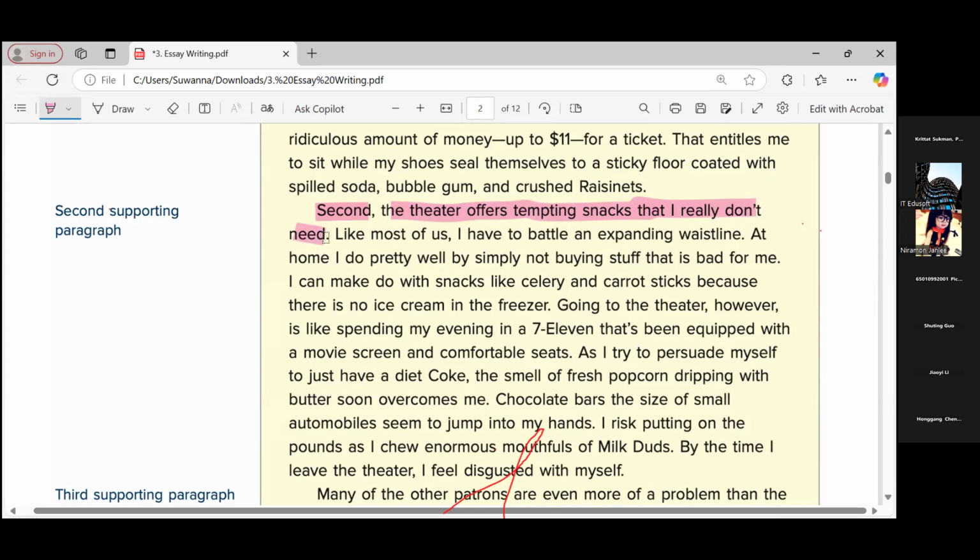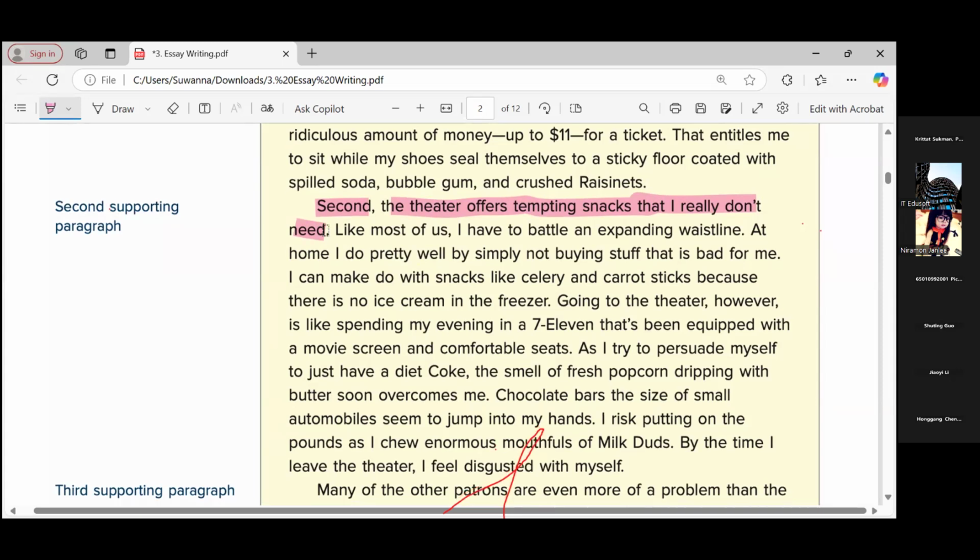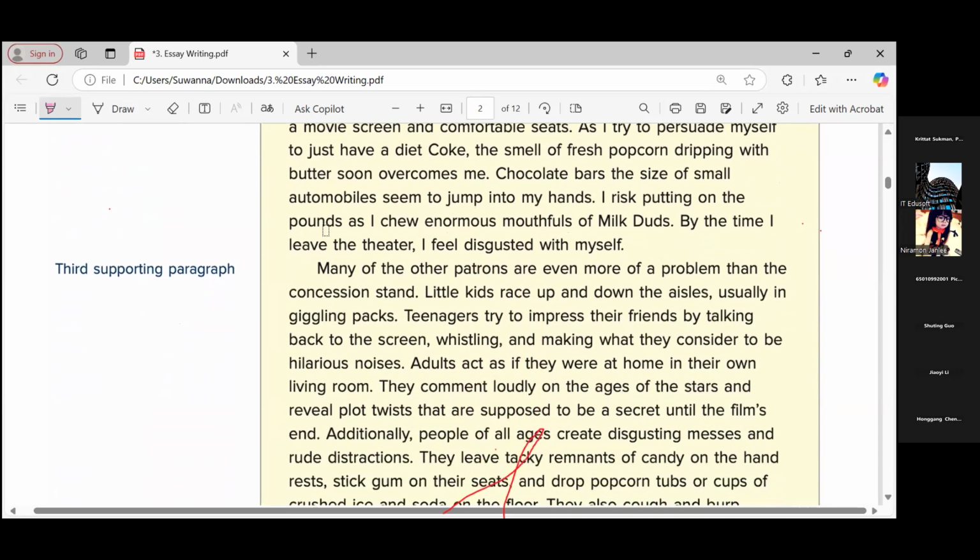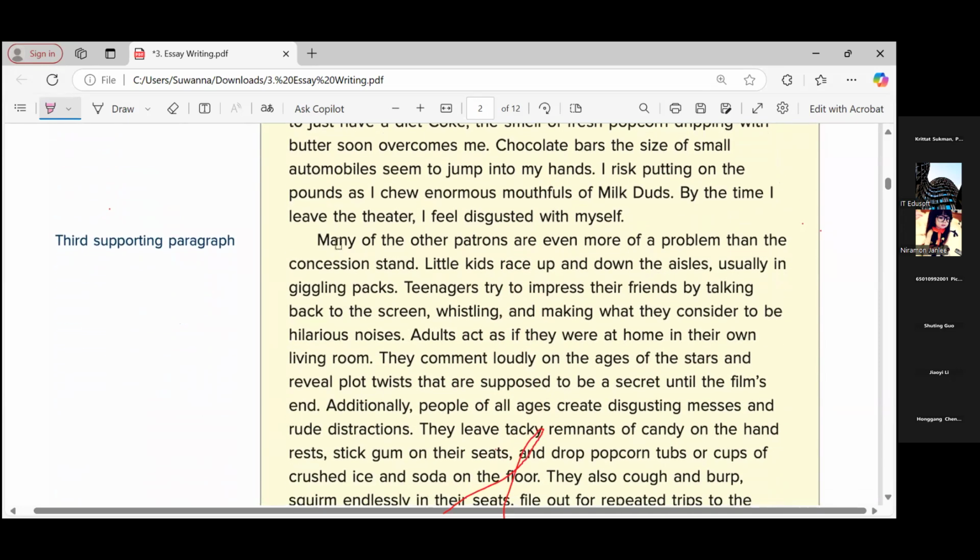All right, you see how the essay developed, right? According to different paragraphs, you can see that different paragraphs deal with different points in the thesis. And the last paragraph over here, you see, "Many of the other patrons are even more of a problem than the concession stand."